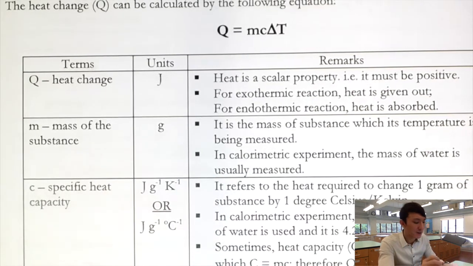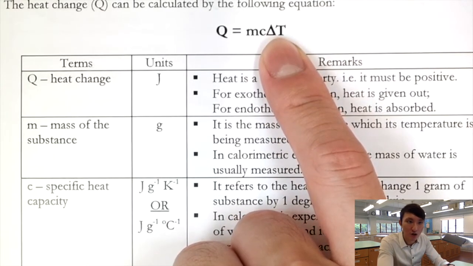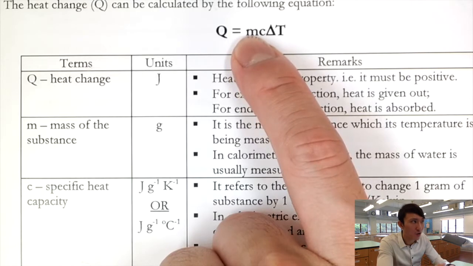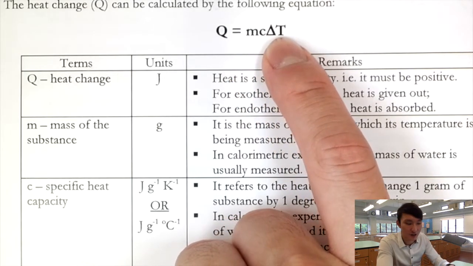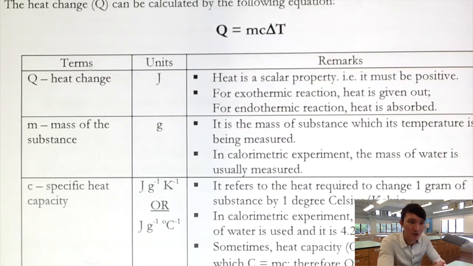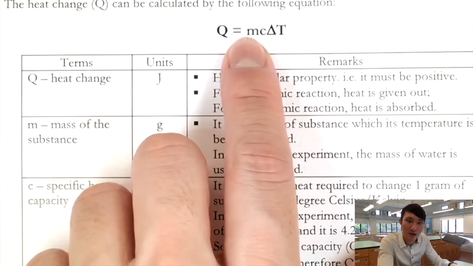But think about it, in mc delta T, the delta T is the temperature change of the solvent of the surrounding, right? And the mass here should also be consistent with the temperature change, right? So we are concerned about the substance of which the temperature is measured. And in most situations, the mass is referring to the mass of the water.